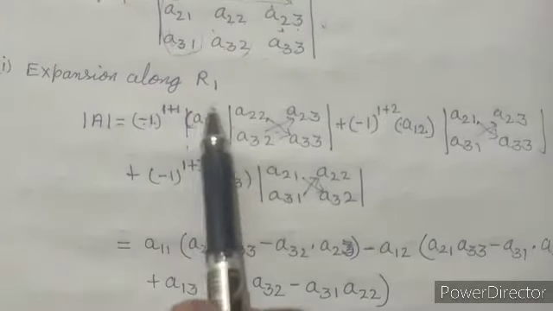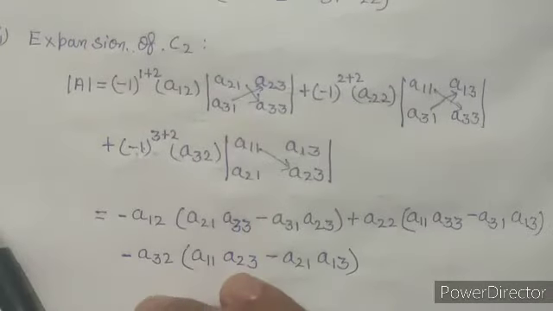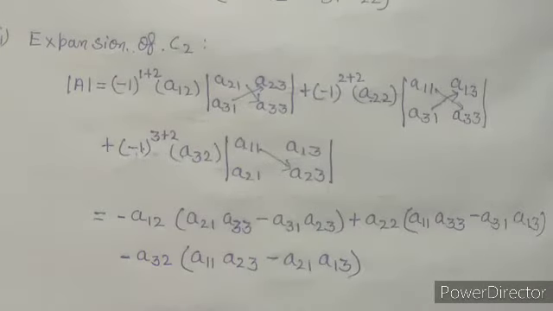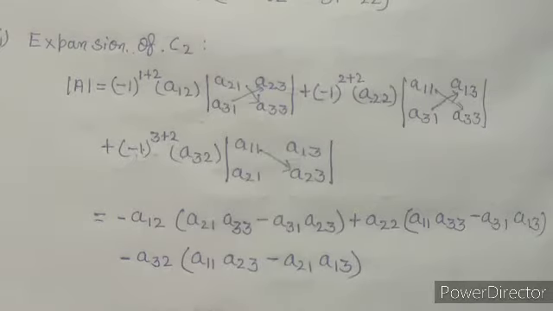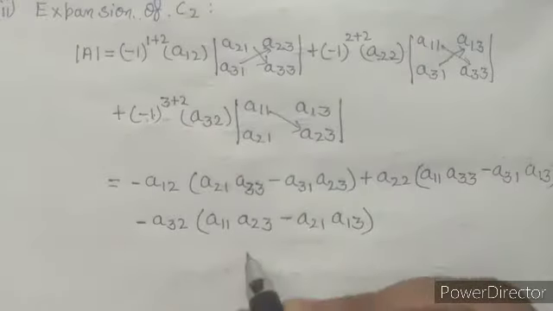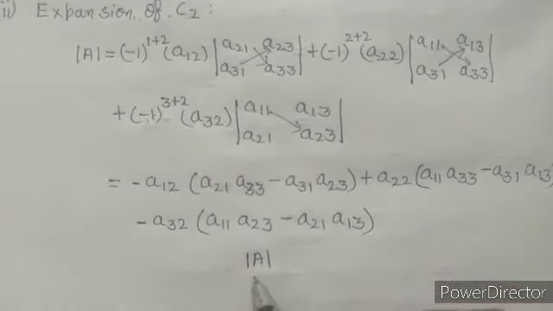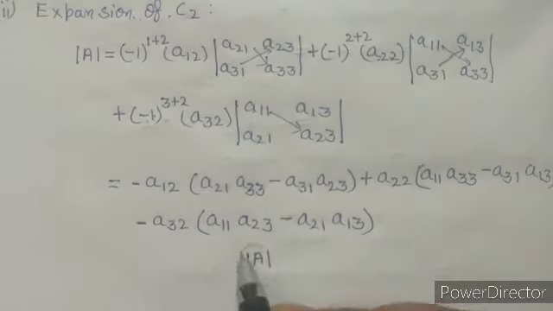Now if we expand row 1, row 2, row 3 or column 1, column 2, column 3, we will get the same value of the determinant. Now always keep in mind that for any matrix A, determinant of A is read as determinant A and not modulus A. This one is for any matrix.